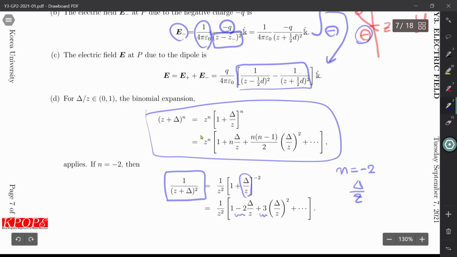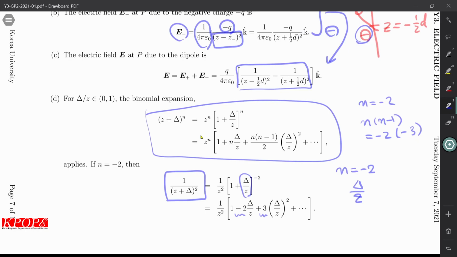Okay, n equals -2 and n minus 1 equals -3. So substituting this result, you will find the binomial expansion. You are not so much interested in the third term and higher. If you consider these two contributions, the leading contribution 1 cancels exactly, and the subleading contribution, this one, has different signs, so they add up.